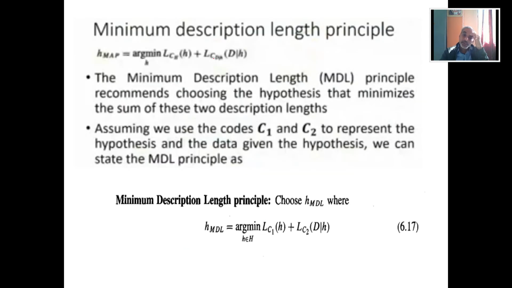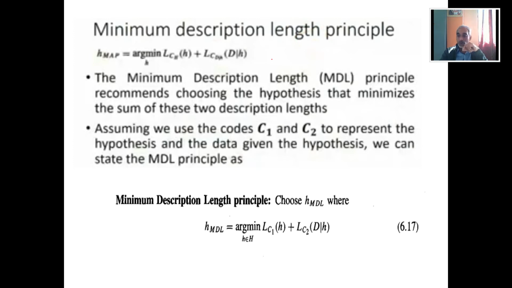Now when you consider this particular equation, the minimum description length principle recommends selecting the hypothesis that minimizes the sum of these two description lengths.